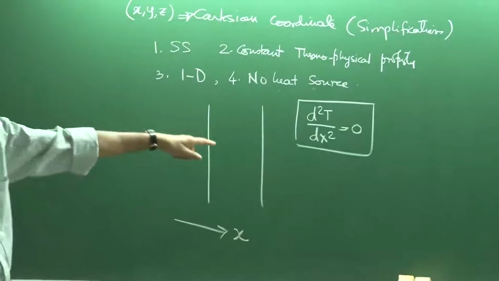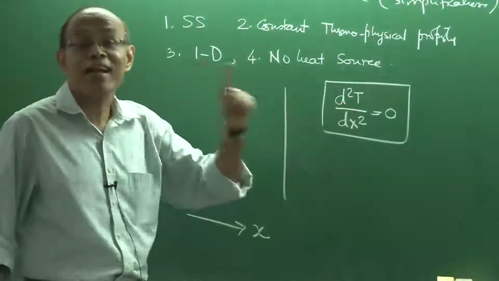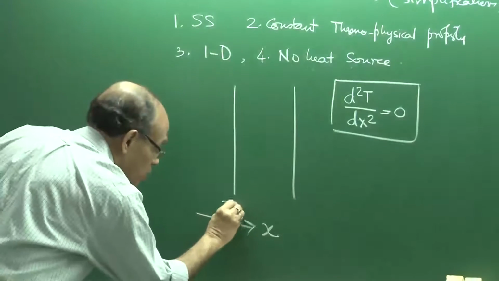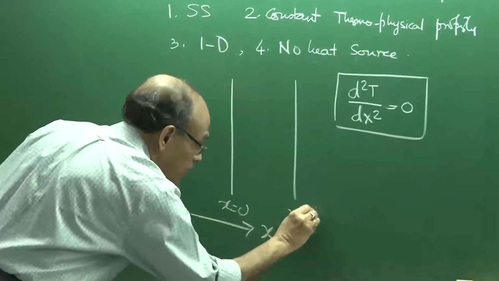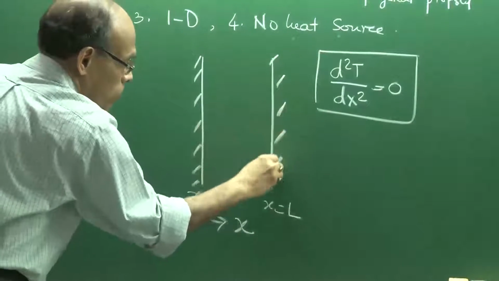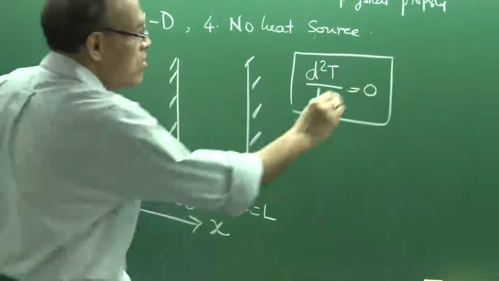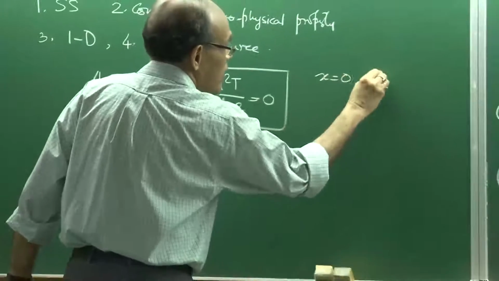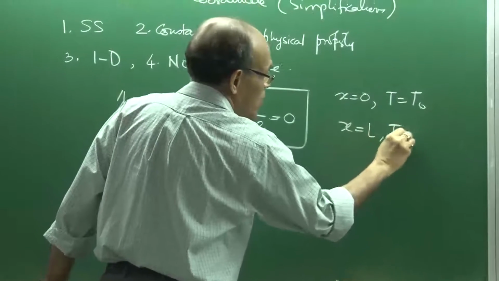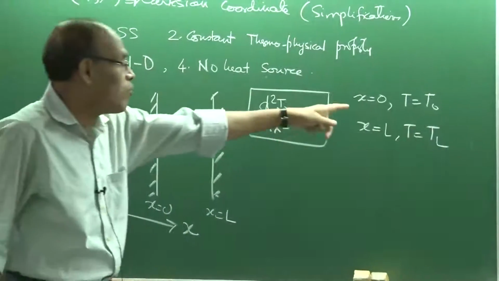And then, as I have indicated and you all know, look at the derivative immediately, you can say we need two boundary conditions. If this is x equal to 0 and this is x equal to L, then we can solve this equation. At x equal to 0, T equals, suppose, T naught; at x equal to L, T equals T sub L, and then we can integrate it twice with the two boundary conditions.